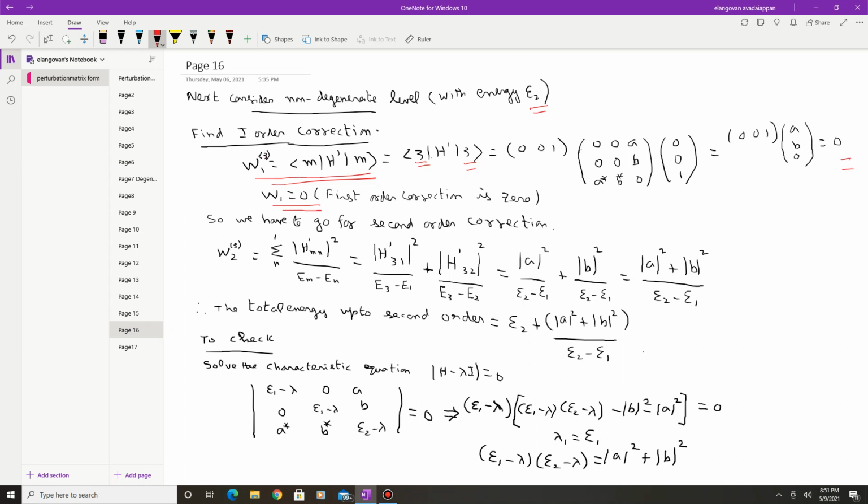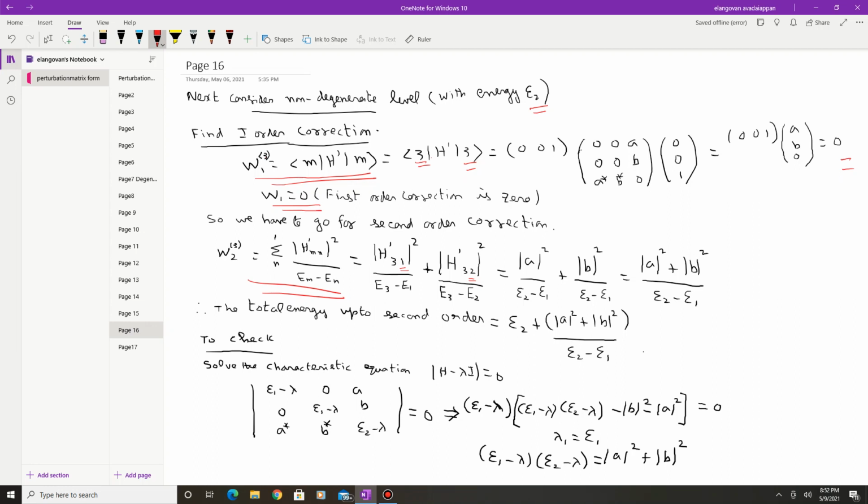If the first order correction is 0, then we have to go for the second order correction. This is the expression for the second order correction, where m should not be equal to n. Now you have mod H prime 3 1 square divided by E3 minus E1. Another one is m must be 3, and n, since we have chosen n is equal to 1 here, n is equal to 2. So the term with H prime 3 3 is not allowed because m should be different from n. So you have only two terms. H prime 3 1 we have evaluated.